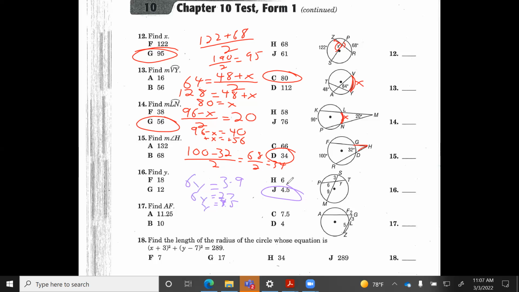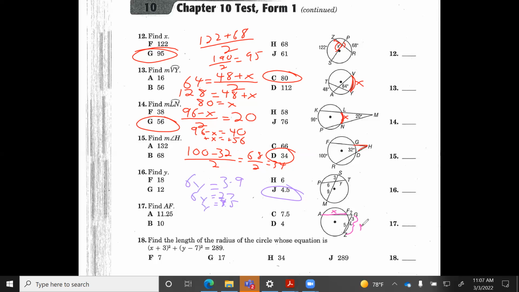All right, on AF. So this is a piece that they want us to find this time. Now, we have 2 secants. Now we have secants, we're using the exterior and the whole, not the interior. So we never use the interior. So we need to make sure we find the whole.